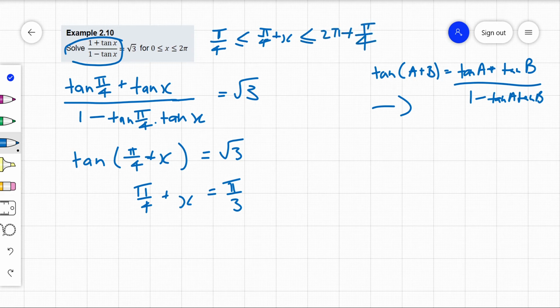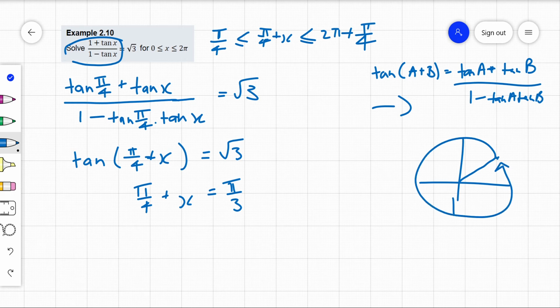So if you think we're going around the unit circle here, from pi on 4, all the way around to here this time, and we want tan positive, so all stations to central. So we are looking in here, which we've got pi on 3, a third of a pi as opposed to a quarter of pi, so we're all good there. So we're up here.